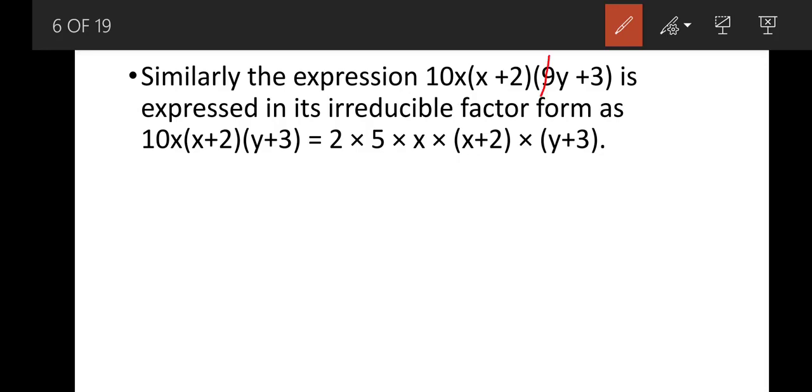It is expressed in its irreducible factor form as I told you: 10 can be written as 2 into 5, so it is 2 into 5 into x plus 2 into y plus 3. So this is the irreducible factor form of the given expression.